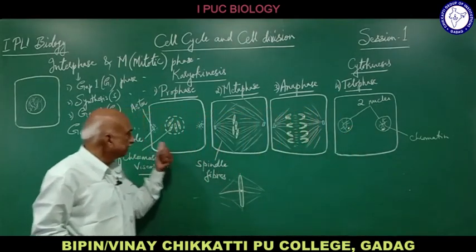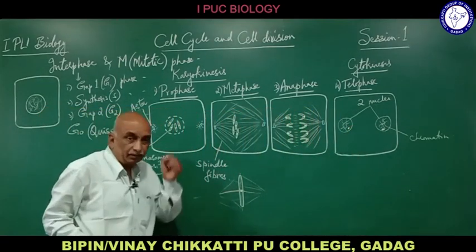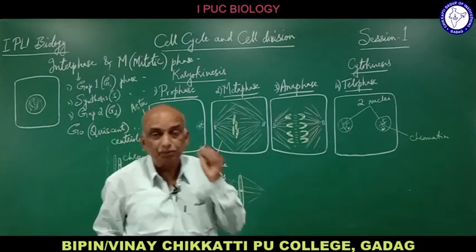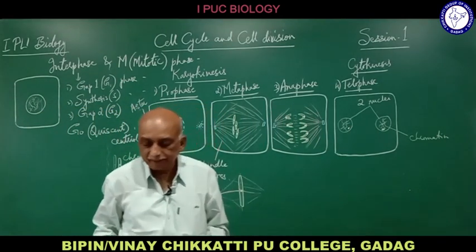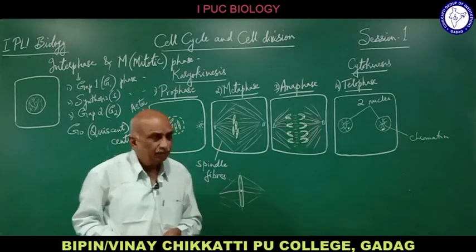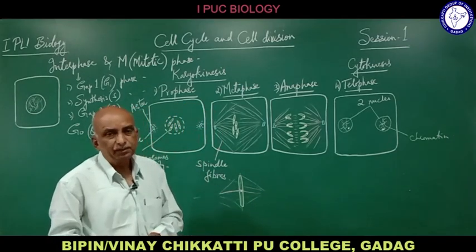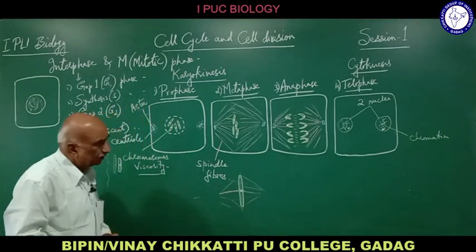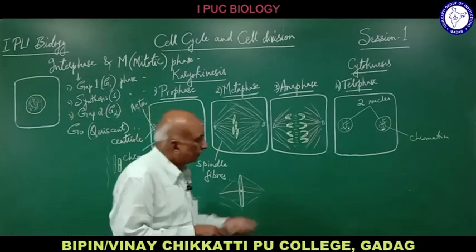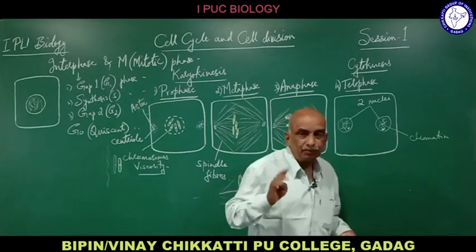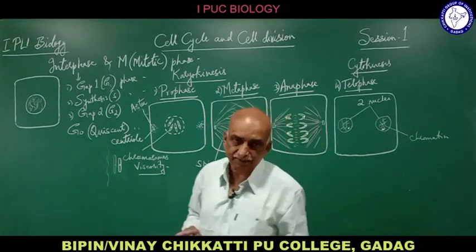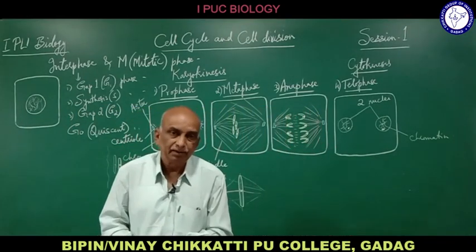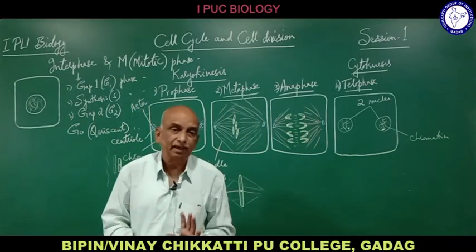The nucleolus which had disappeared during the starting of the prophase reappears, and also the endoplasmic reticulum and the Golgi complex are formed in this cell. That is telophase. So these are the four stages of karyokinesis. The division of the nucleus is called karyokinesis.